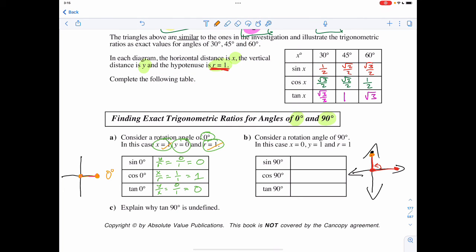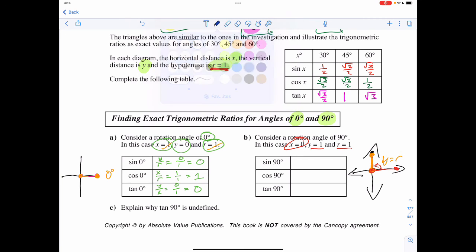And I can see that based on my terminal arm, my y value is going to be the same as my r value. Because remember that I create those right angle triangles going to the nearest x-axis, and the y-axis exists right in the middle here, at the origin. So I have y and r both 1, and when it exists on that y-axis, my x value has to be 0.